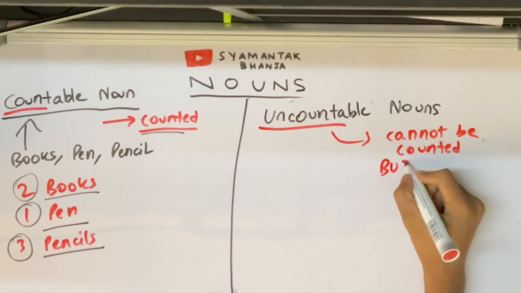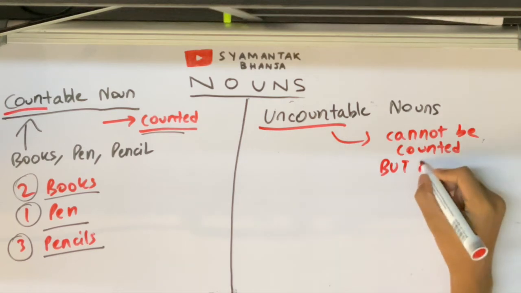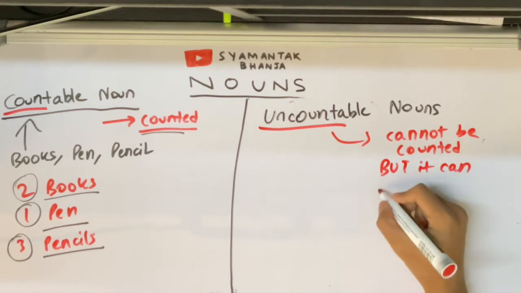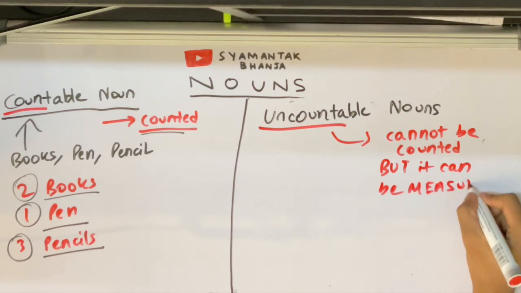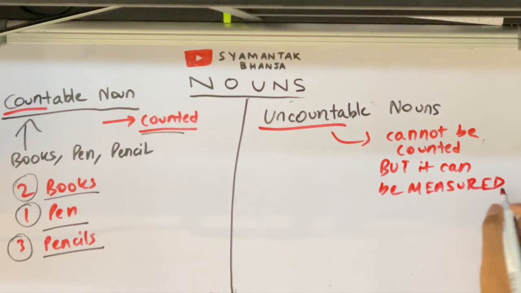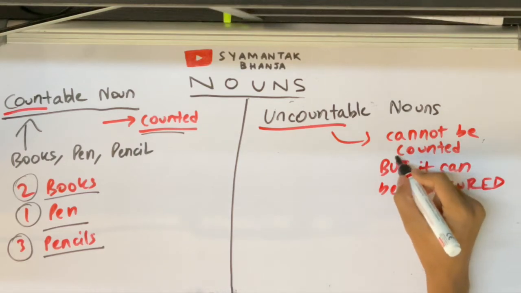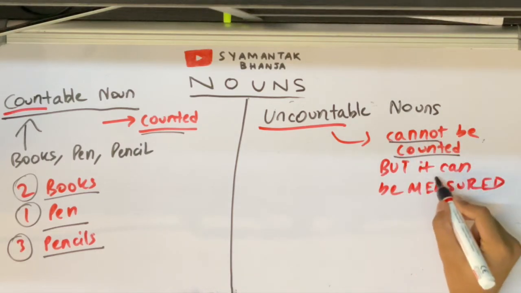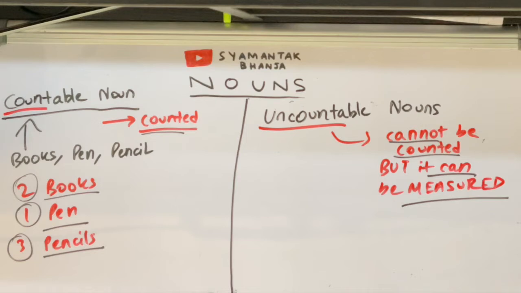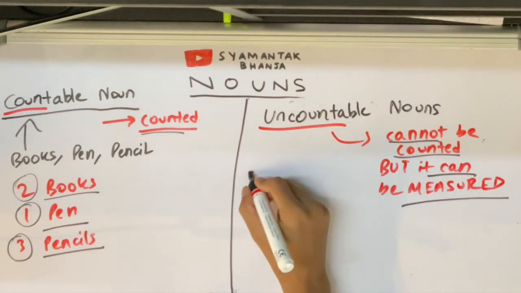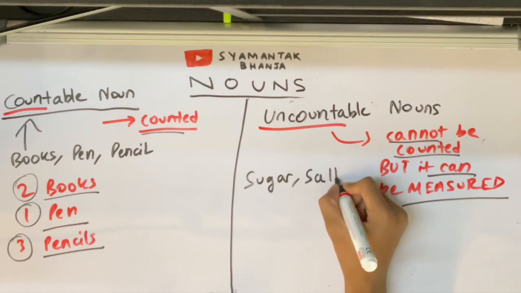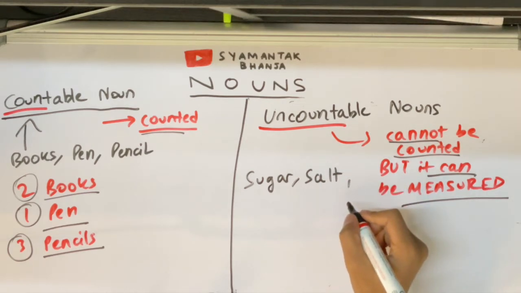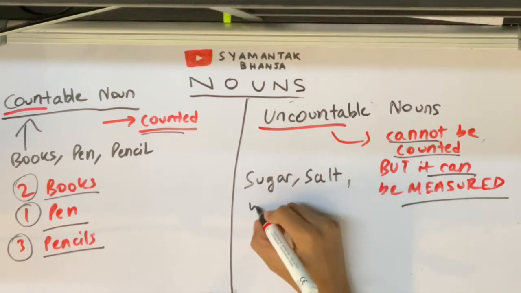But here's the thing, it can be measured. That is the important part. It cannot be counted, but it can be measured. For example, sugar, salt, or water.